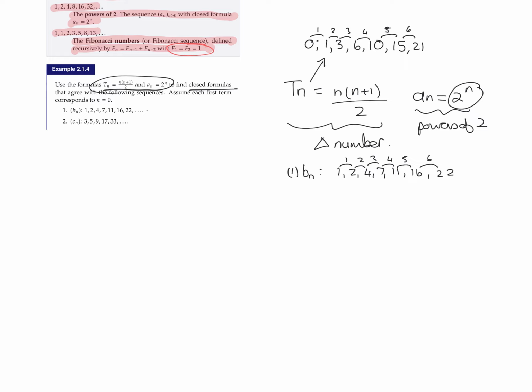So this is 2 to the naught is 1, 2 to the 1, 2 to the 2, 2 to the 3, 2 to the 4, 2 to the 5, 2 to the 6. There we go.